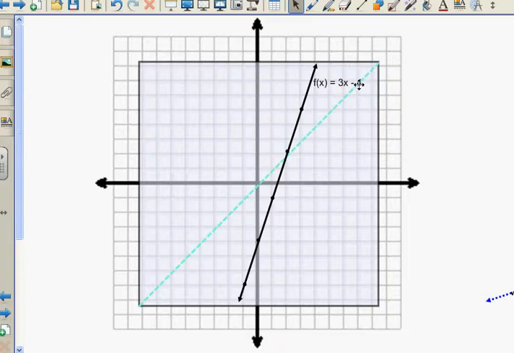There's that line y equals x. Once it was folded in half, I had you use the push pins to poke holes all along your original function on the folded patty paper. What happened is you should have gotten a line that looked something like this when you unfolded it.